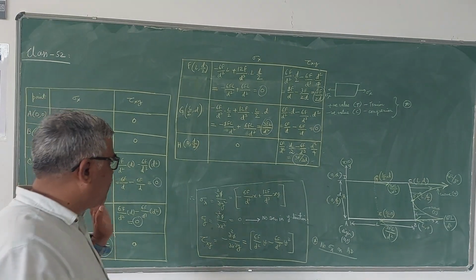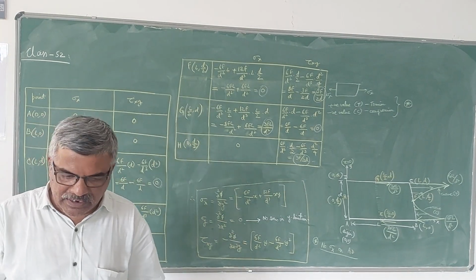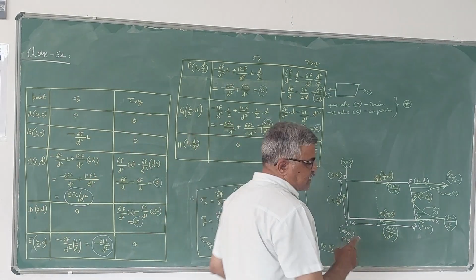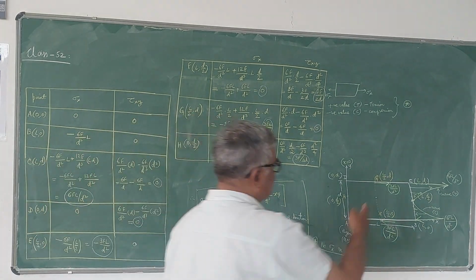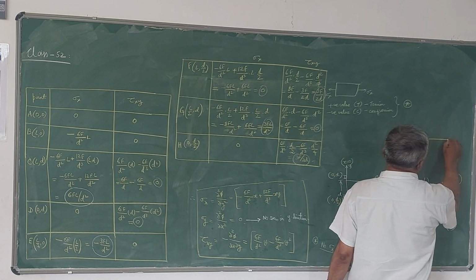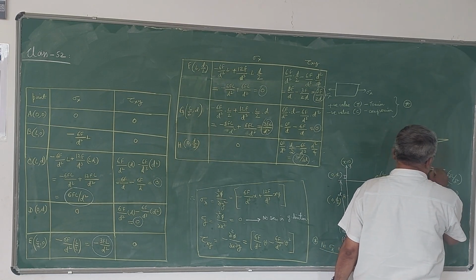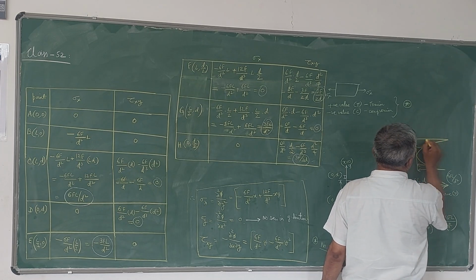Now I want to show tau xy also. Both the stresses we have to show in a diagram. So your sigma x diagram is like this now. It is a curve, then a curve, like this.